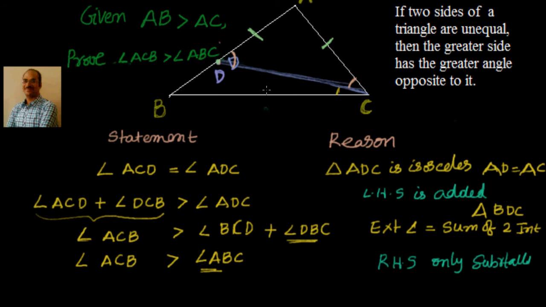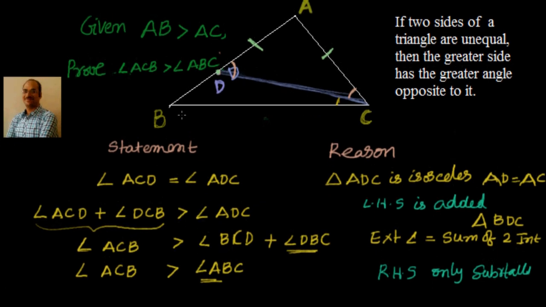We have been given a triangle ABC and we have been given that AB is greater than AC. We have to prove that angle ACB, the angle opposite the side AB, should be greater than the angle opposite the side AC, that is angle ABC.